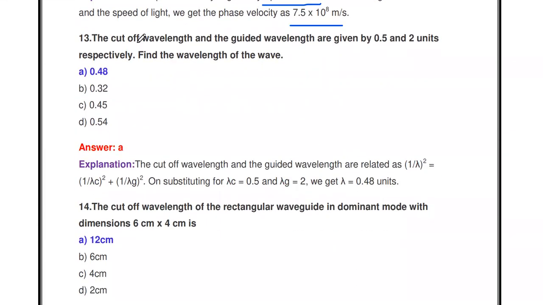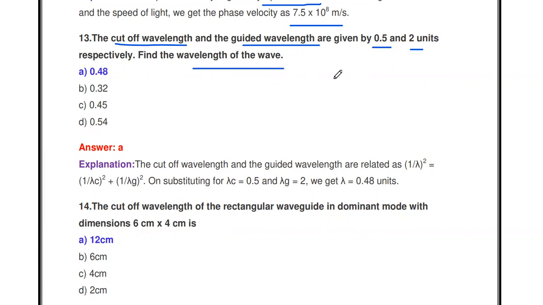The next one, the cutoff wavelength and guided wavelength are given as 0.5 and 2 respectively. So cutoff wavelength is 0.5, guided wavelength is 2. Find the wavelength of the wave.